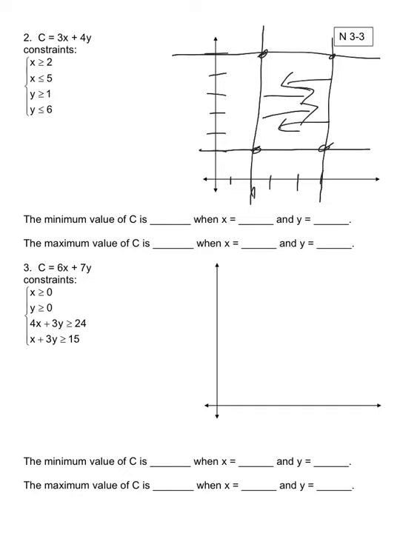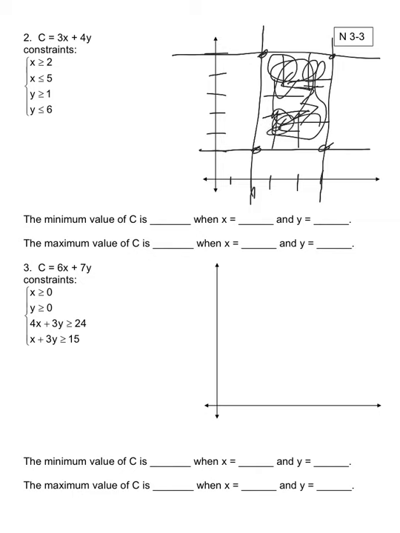There's no reason to go above or below because my Y is going to be greater than 1, so that's up, and less than 6. So I see that all of my action is in here. These are my constrained areas.